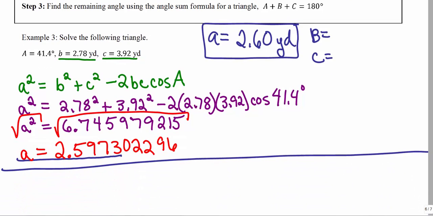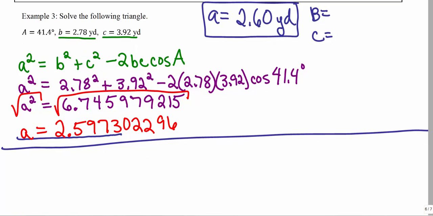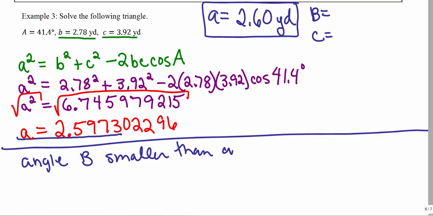And the question would be, which one is the smallest? So of the two remaining angles, side B is the shorter of the two sides, so angle B would be smaller than angle C. So we're going to solve for the smaller of the two using the law of sines.